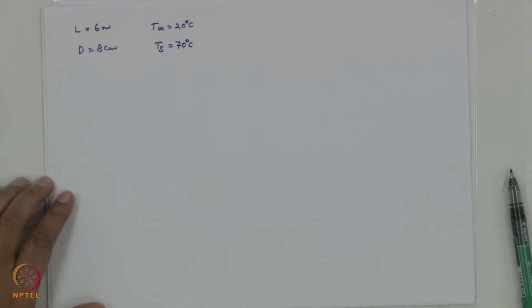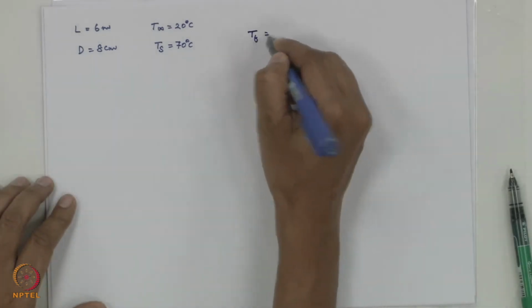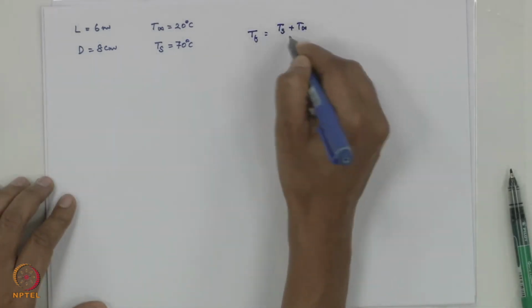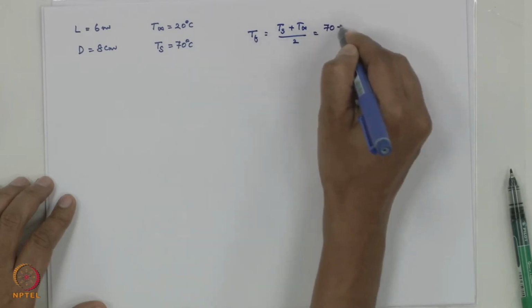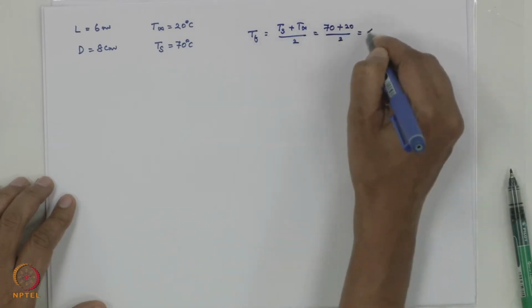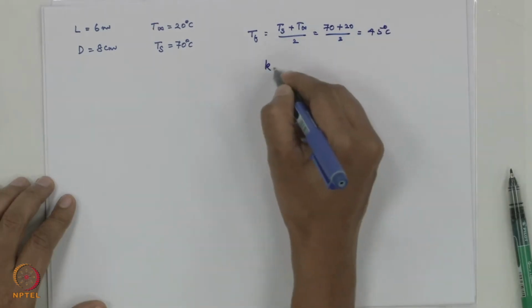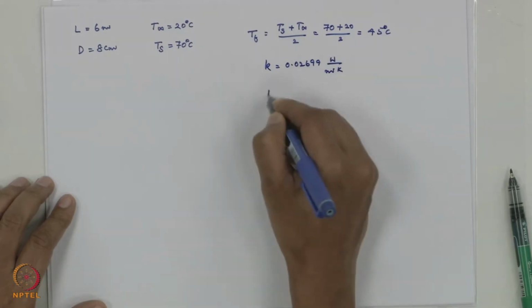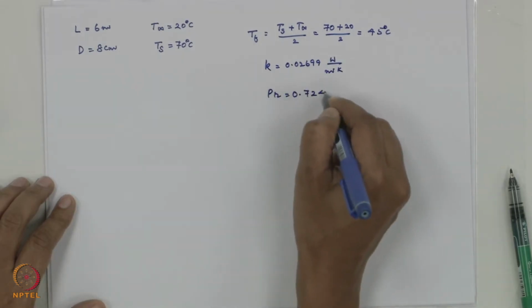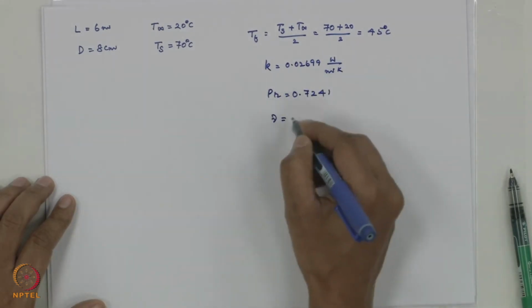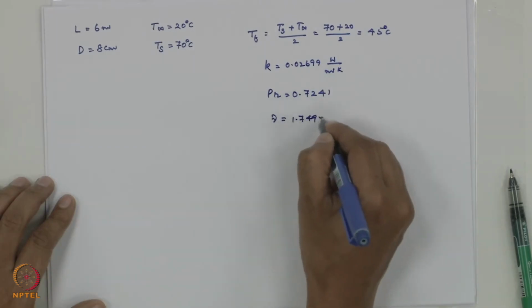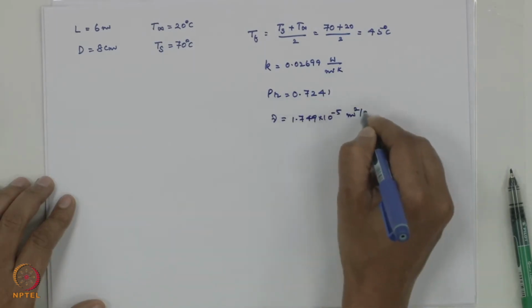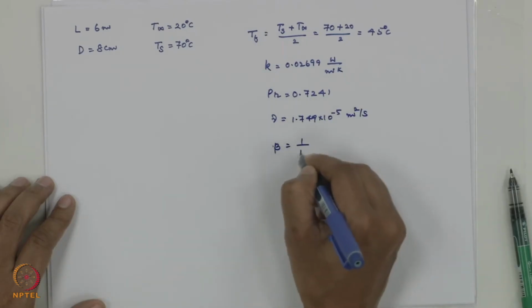What are the assumptions? Steady state, air is an ideal gas, local atmospheric pressure is 1 atmosphere. With this, my film temperature is Ts plus T infinity by 2. If I do 70 plus 20 by 2, I get 45 degrees Celsius. At this, my thermal conductivity is 0.02699 watt per meter Kelvin, Prandtl number equal to 0.7241, and kinematic viscosity is 1.749 into 10 to the power of minus 5 meters squared per second, and beta you can take as 1 by Tf.